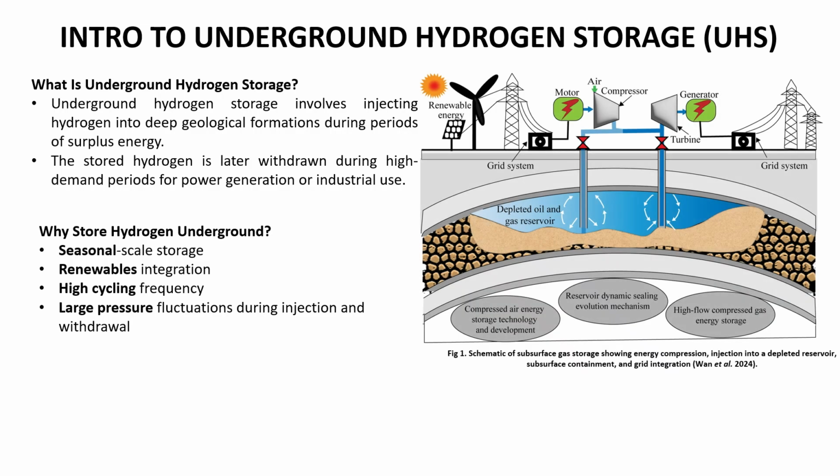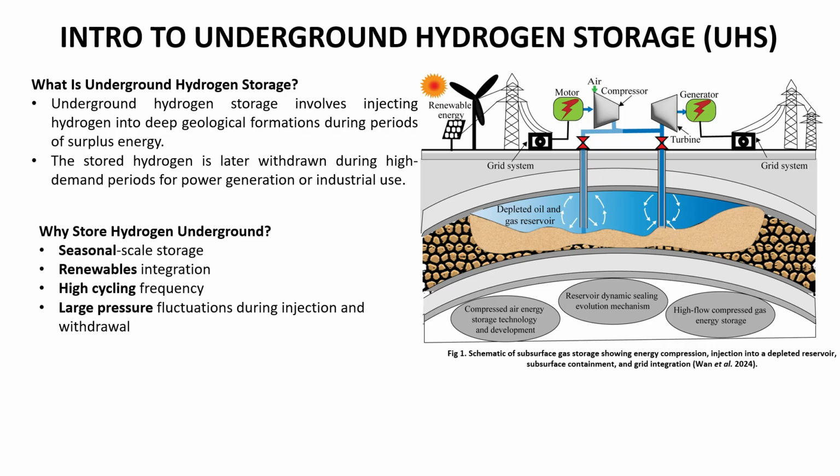In this figure here, which I got from the work of Wan et al. in 2024, the schematic illustrates a general idea where excess electrical energy is used to compress gas and inject it into a depleted oil and gas reservoir, which you can see in this part of the figure.